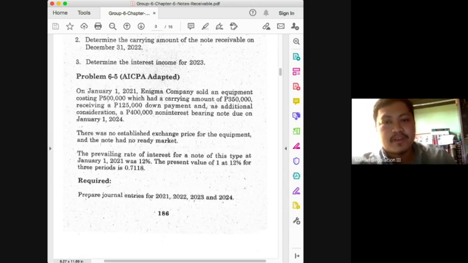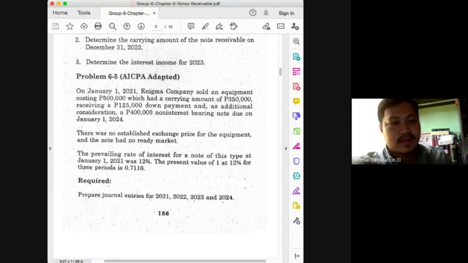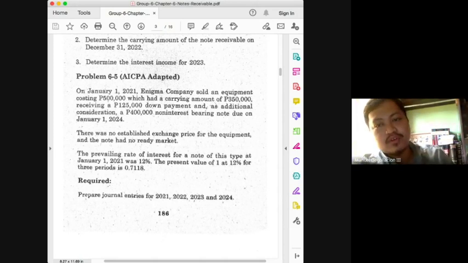Okay. So if the face value of the note is 400,000 and the present value is 284,720, the 284,720 represents the principal component, which will be included in our computation later on for the gain on sale.